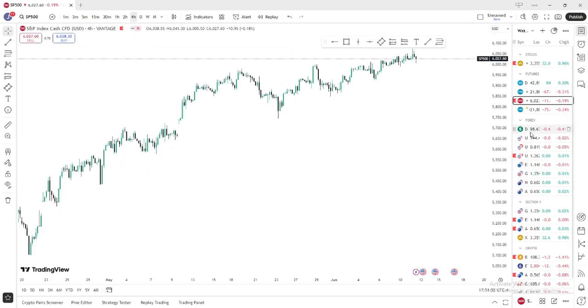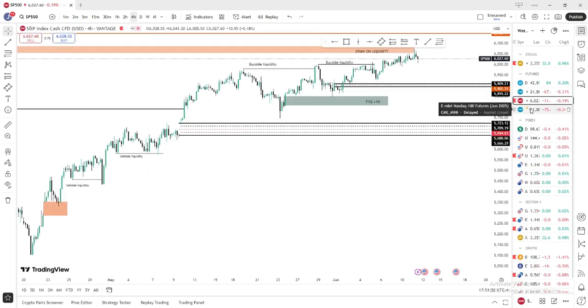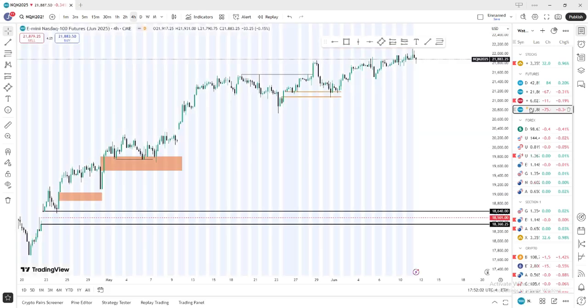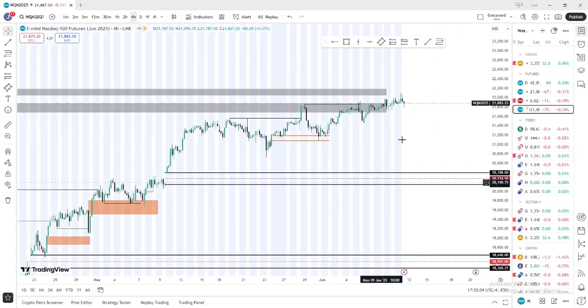S&P. This is a delayed chart for Nasdaq. I have some analysis here, but I don't use this. I use these three up here. I don't really trade Dow. I only trade Nasdaq and S&P, but mostly Nasdaq.